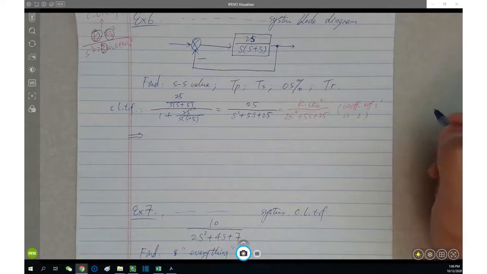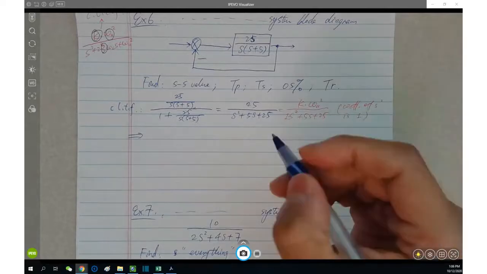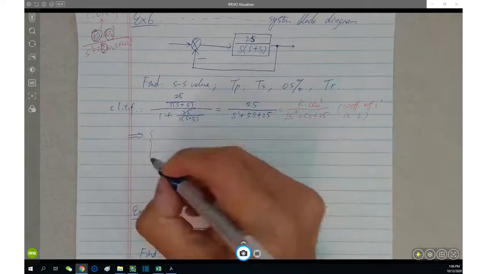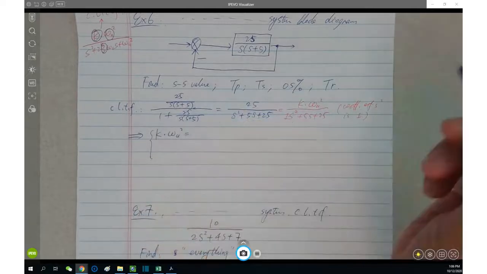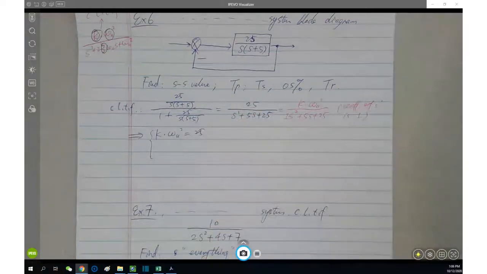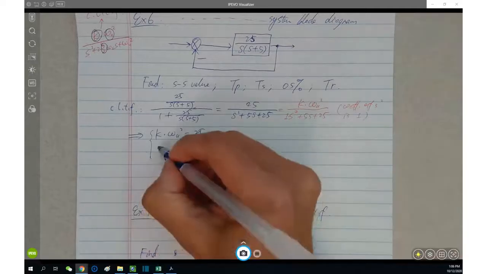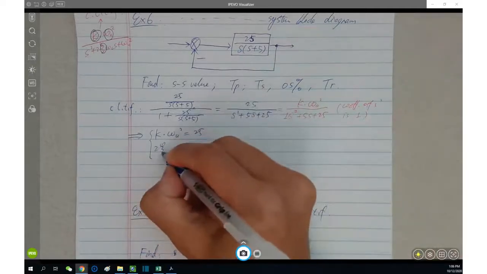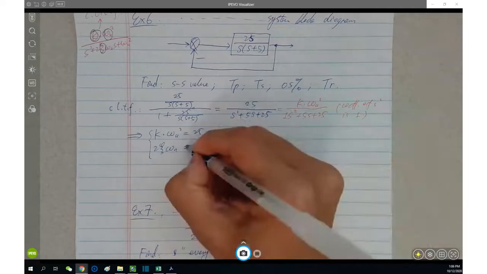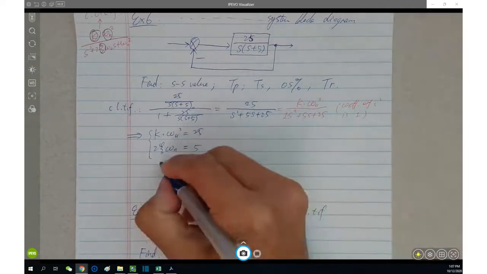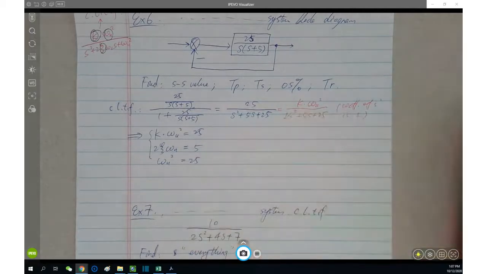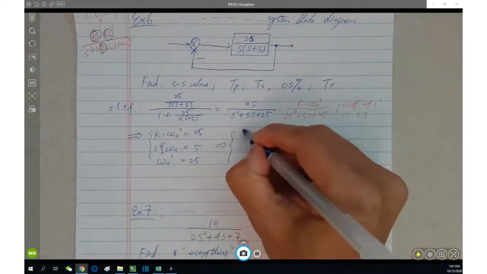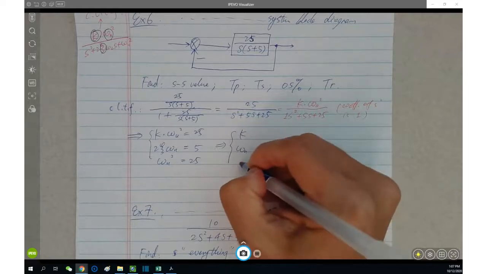Nice, we don't need to do anything. Directly we derive that k times omega n squared in the numerator is equal to 25, and then 2 zeta omega n equals 5, and omega n squared equals 25. 3 unknowns, 3 equations. Done: k, omega n, and zeta.